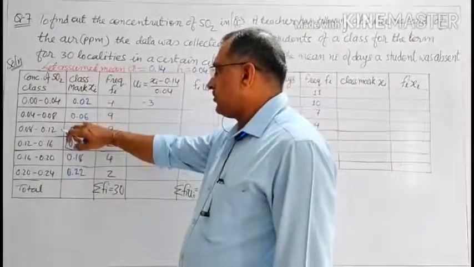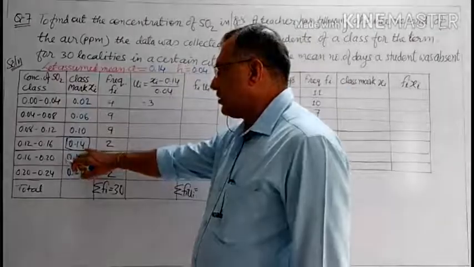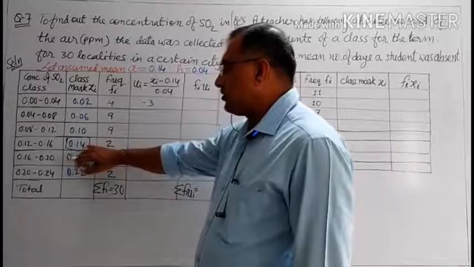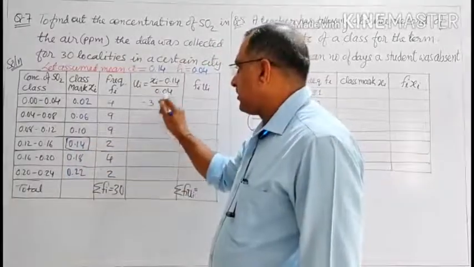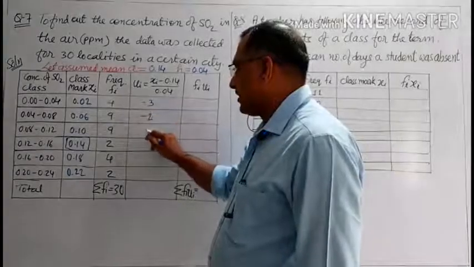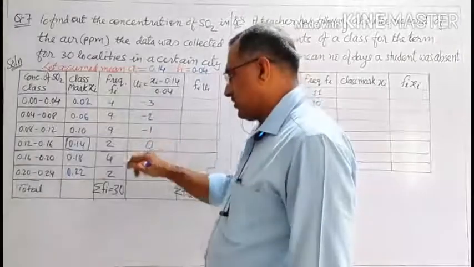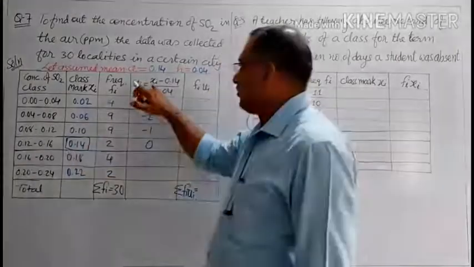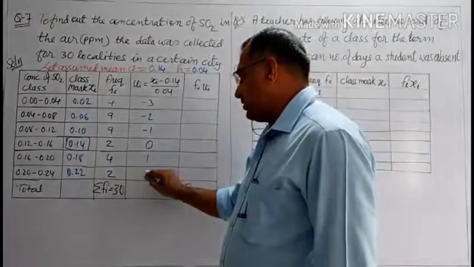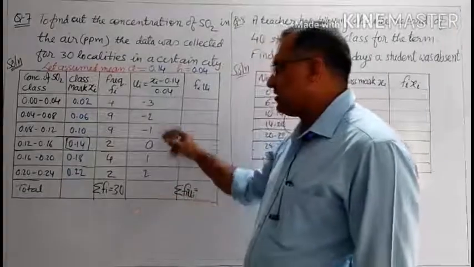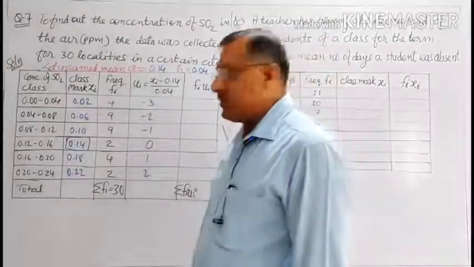Similarly 0.06 minus 0.14, so you will get minus 0.08 divided by 0.04, as it is negative, 4 twos are 8, -2, -1. Here you will always get 0, because 0.14 minus 0.14 will become 0. Then 1, 2, as the class length is equal, you will get them in this sequence.